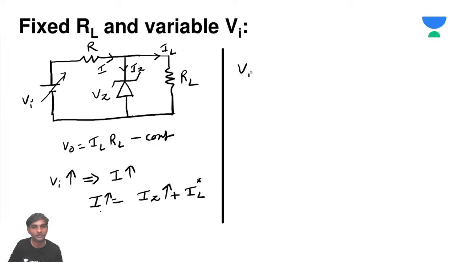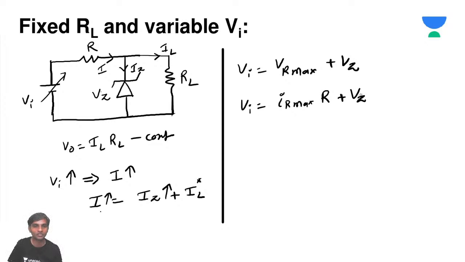So VI is going to be VR maximum plus VZ. That's a voltage. What is VR maximum? VI is going to be IR maximum into R plus VZ, because Zener voltage is constant.